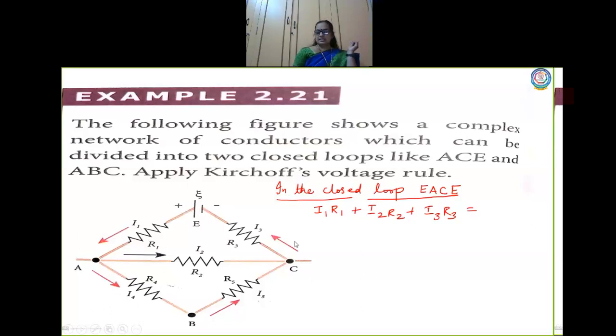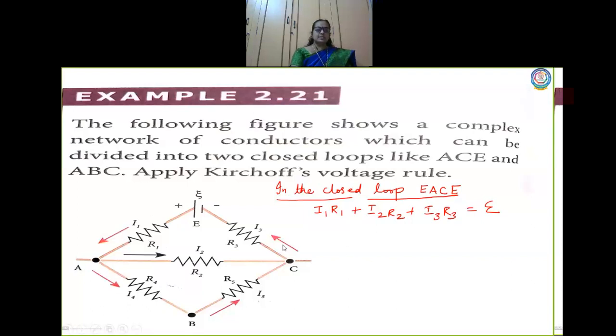So in that case, psi will take a positive value. So I will write psi. This is the equation: the algebraic sum of the product of current into resistance is equal to the EMF of the cell. Hope you are able to understand.